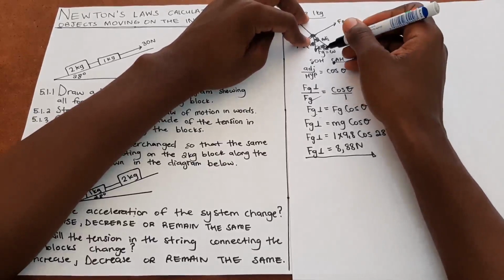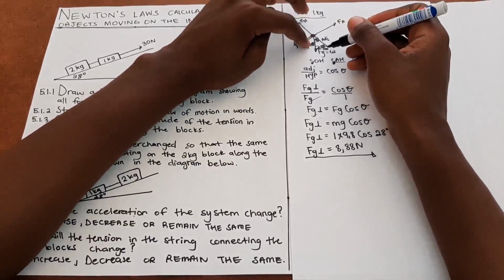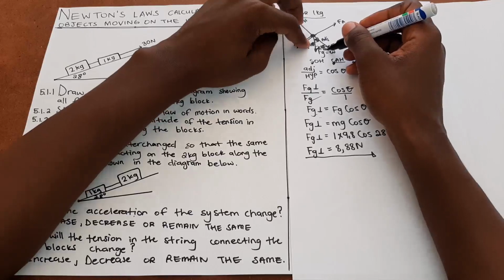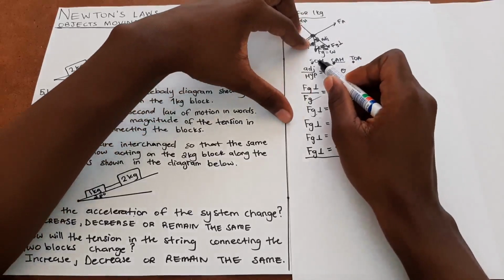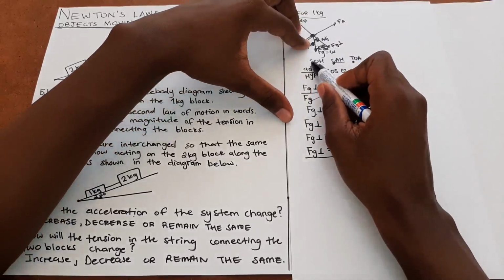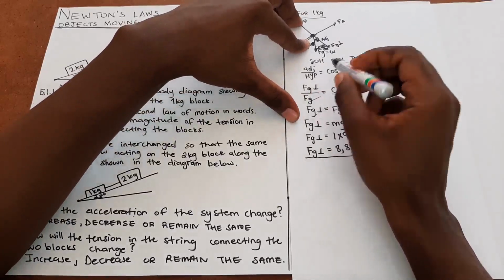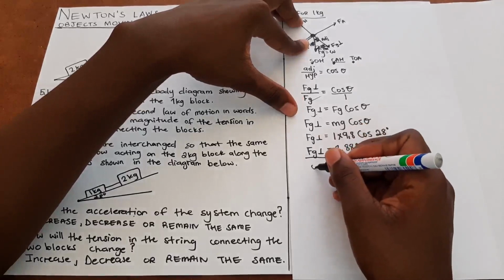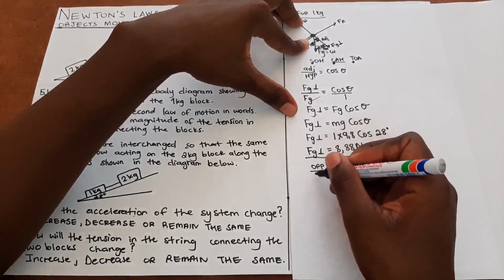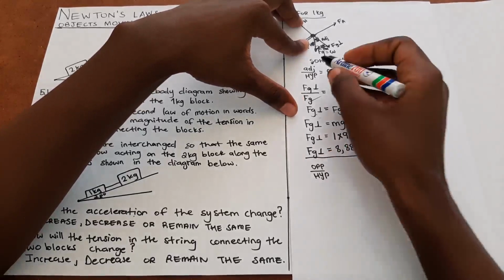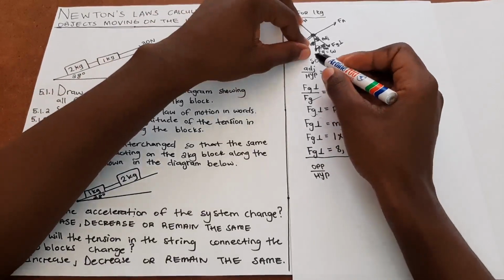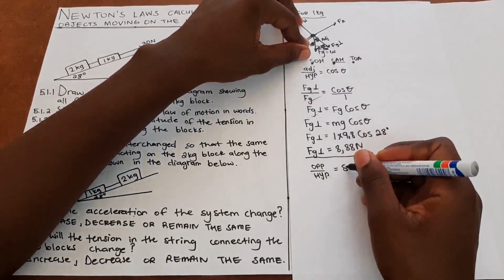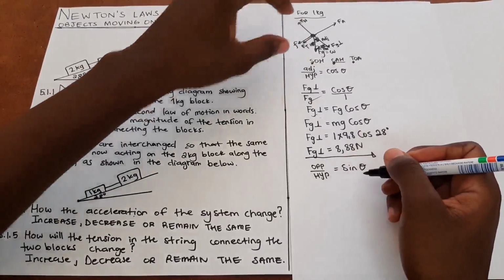We have the hypotenuse and the opposite side, under sine, this trigonometric ratio. So opposite over hypotenuse is equal to sine theta.